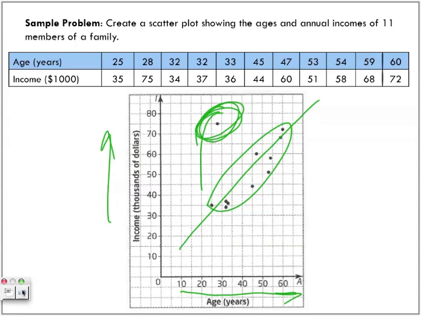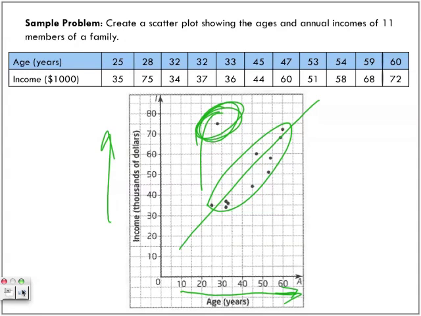So maybe this person owns their own company. Maybe they're working two or three jobs. We don't really know why this person is making so much more, but for the most part, as age increases, so does the annual income.